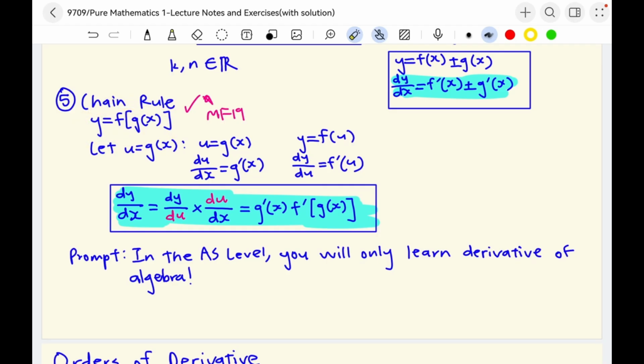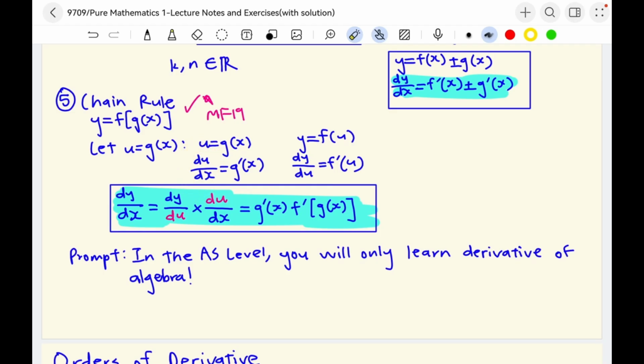First, we can use the u substitution approach to get its derivative. Let u be equal to g(x). After you differentiate this function, you will get du/dx equal to g prime of x. Some students ask me why it's u instead of y. Because the given variables are u and x, which means there's a ratio of the small change of u with respect to the small change of x.